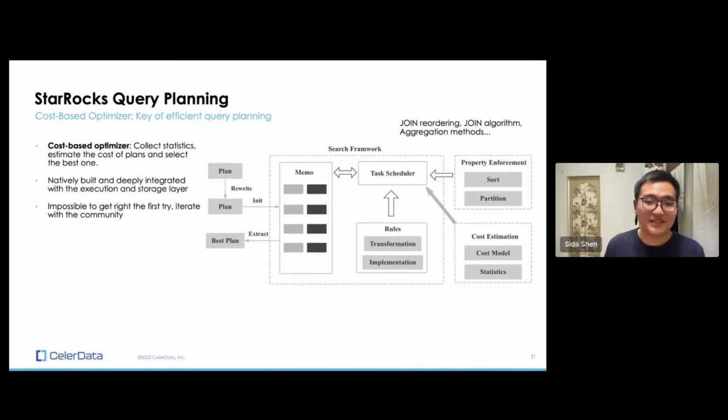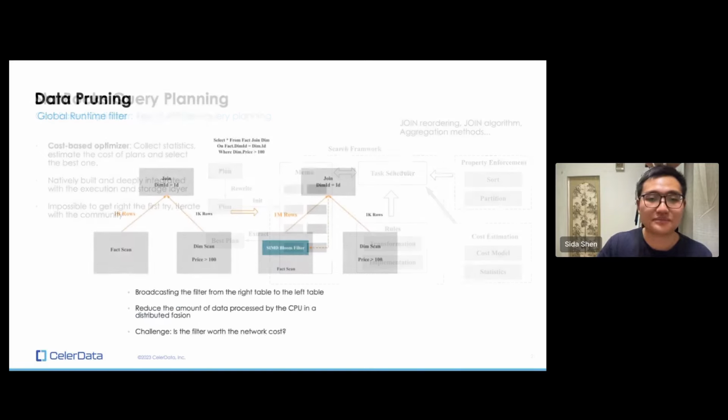So it has to be natively built, and it's almost impossible to get right on the first try. And thank God StarRocks is open source, so we could iterate on it with the community, and it took us a year or two to get it right. And this is the main reason why the query is efficient.